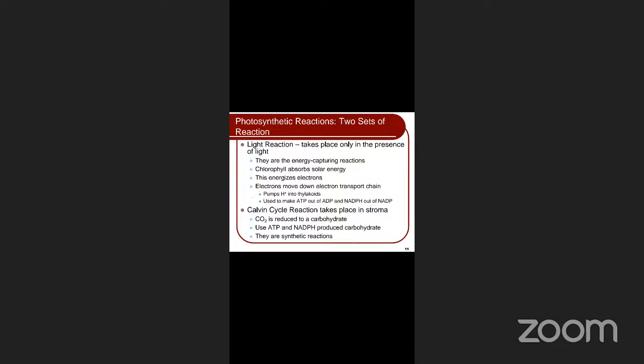Carotenoids absorb blue light at 449 nanometers and 478.